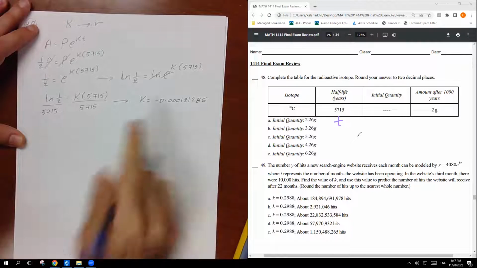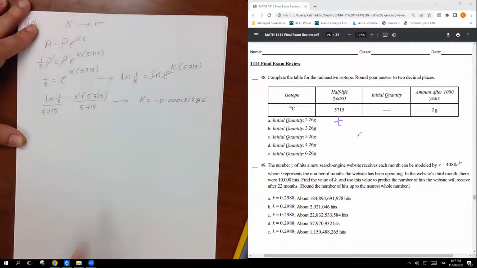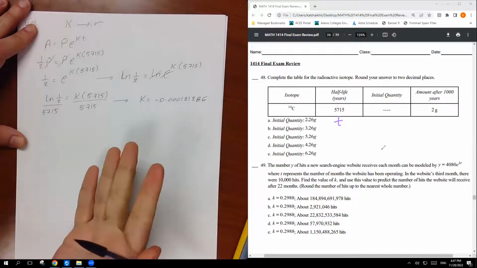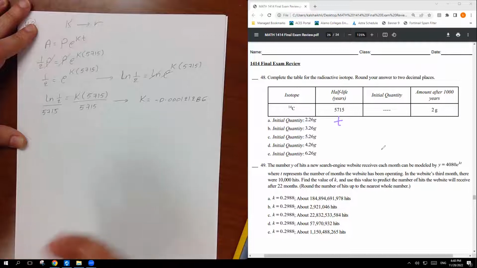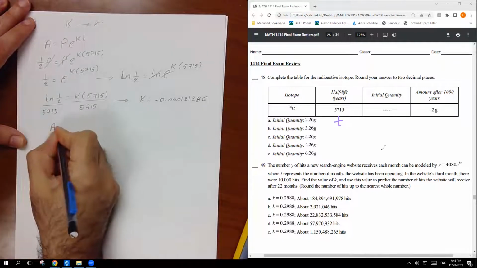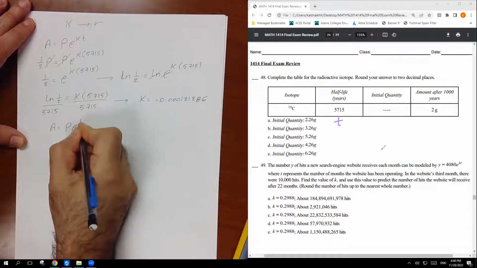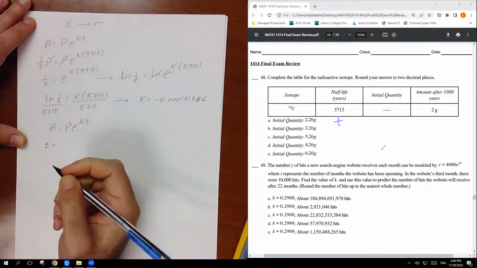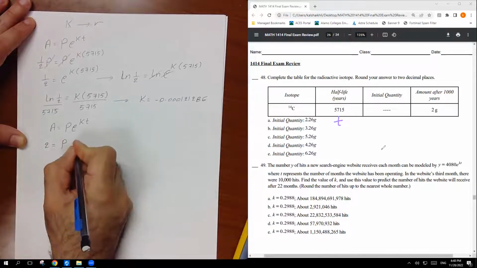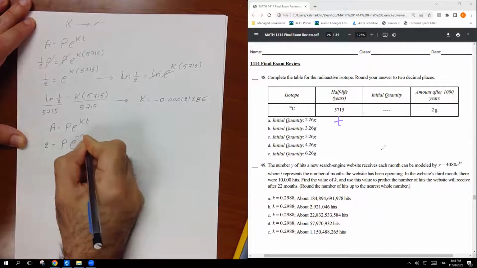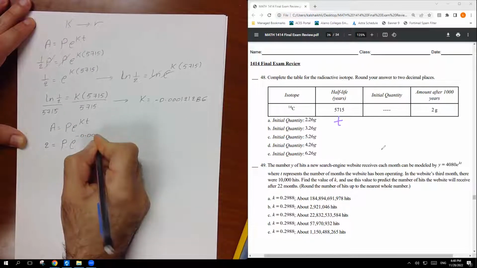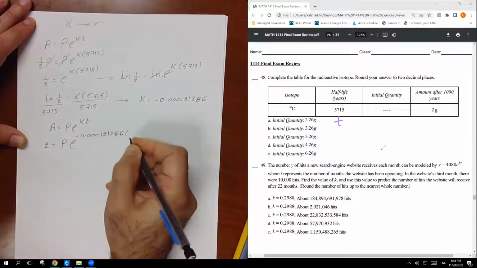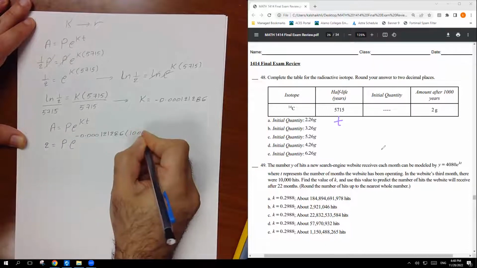Now we're going to go back and use the same formula. We have the k because our goal is to find the initial quantity. But after 1,000 years, 2 grams. So the formula A equals P e^(kt). We have 2 grams after 1,000 years. We need to find the initial. Here is the e, and here is our k, which is negative 0.000121286, times the time, which is 1,000 years.